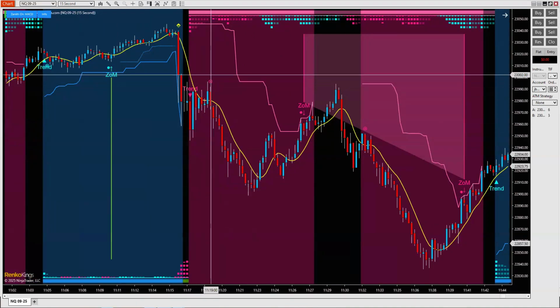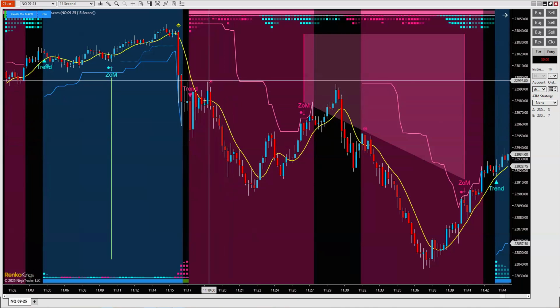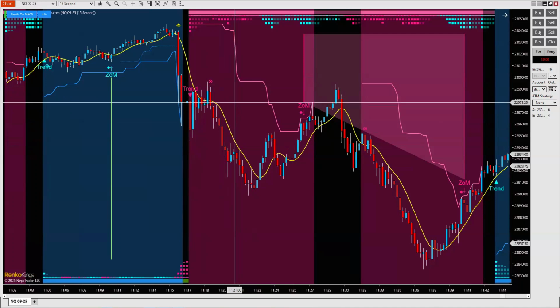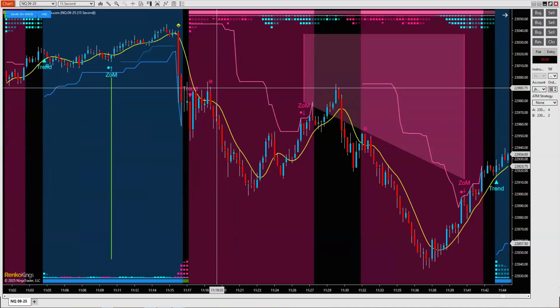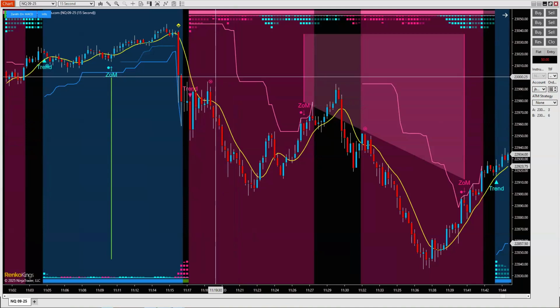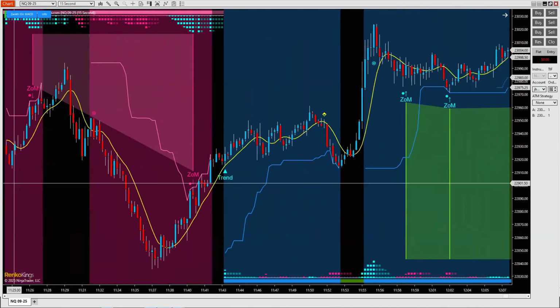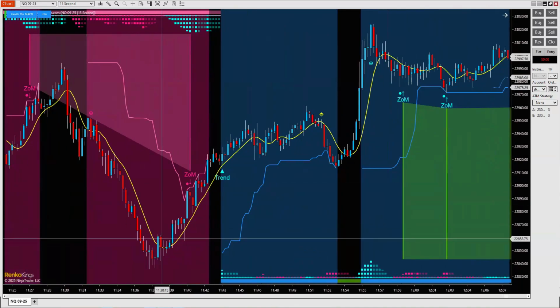Here is the strength of trend I was talking about. You see the red dot over here. This tells you that it's a strong trend down. So even though this is not an official signal, it kind of foreshadows a move lower. And we get that. They're trying to find one on the bullish side.